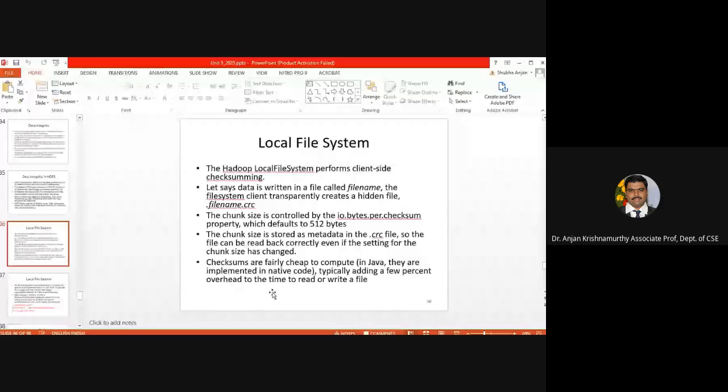Hadoop file systems are mounted on top of the ext file system, right? So the checksum and other things to be performed are performed by the local file system. Checksum files are named .crc.